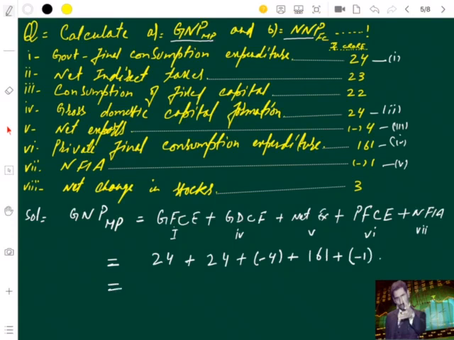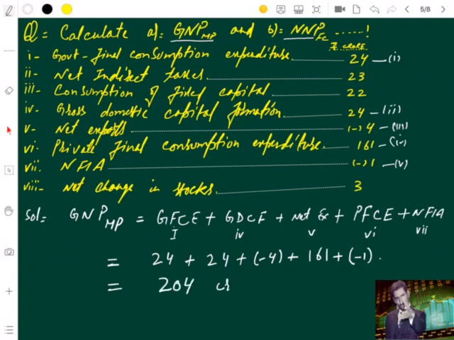Calculating it: 24, 24, 48, 48, 161, that means 209, and 209 minus 4 is 205, minus 1 is 204 crore rupees.